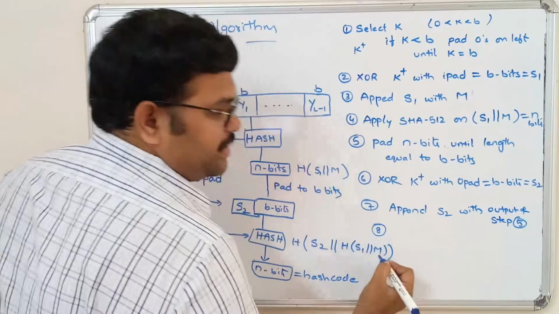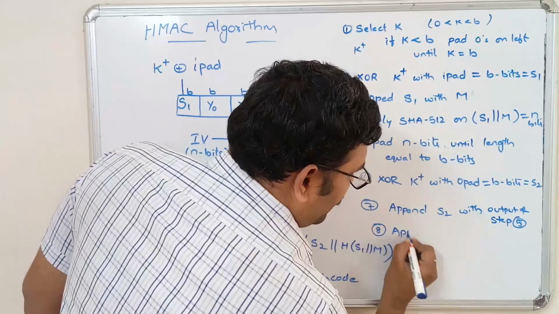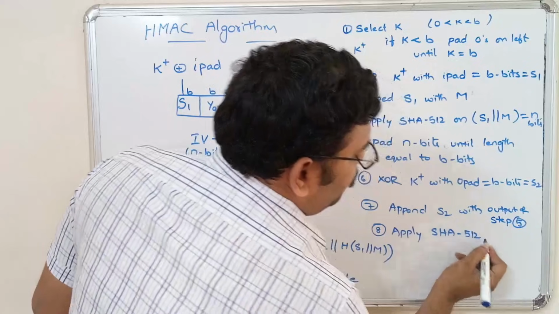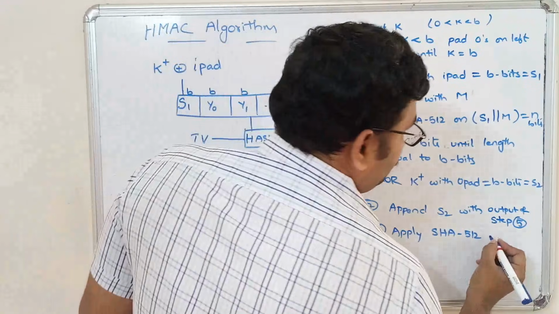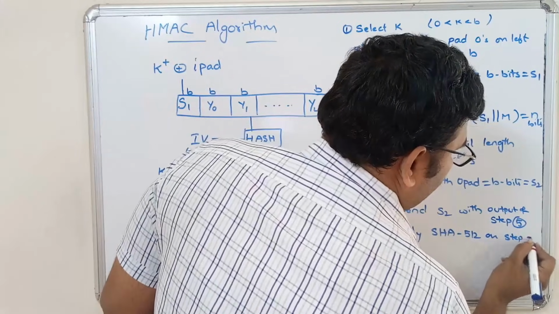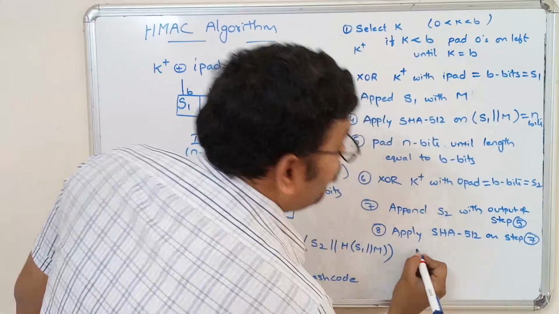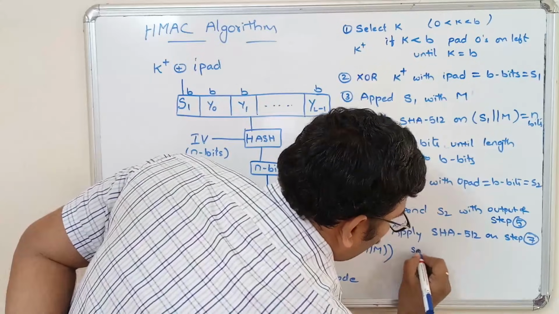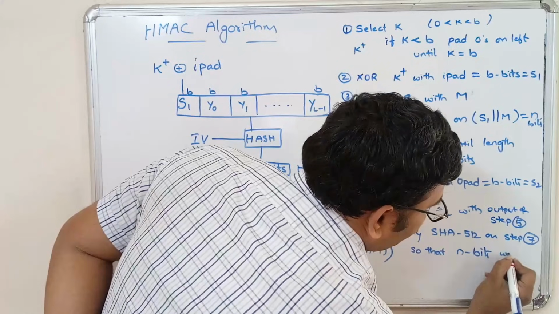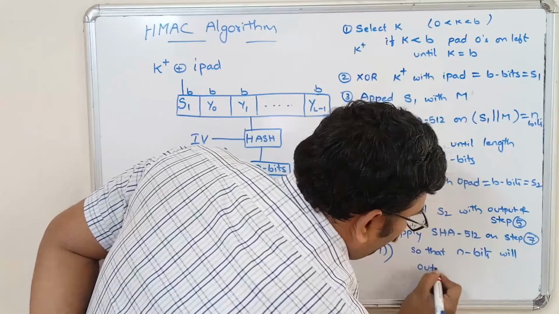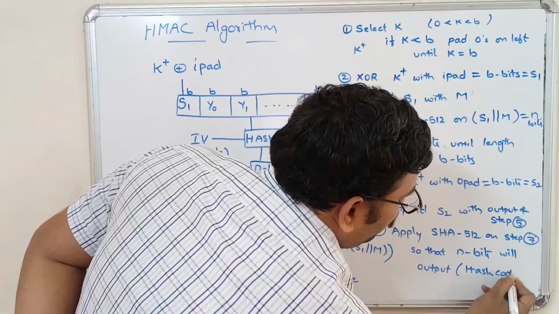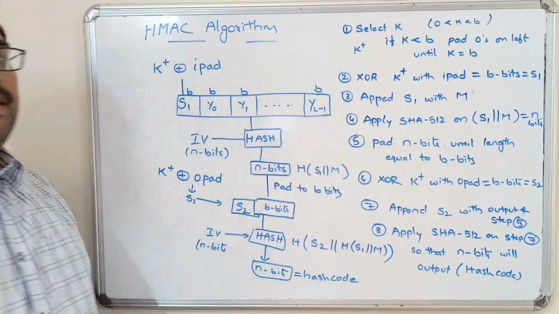The next step, apply SHA-512 on step 7, so that n bits will be output. This is called hash code. So these are the steps for the algorithm.